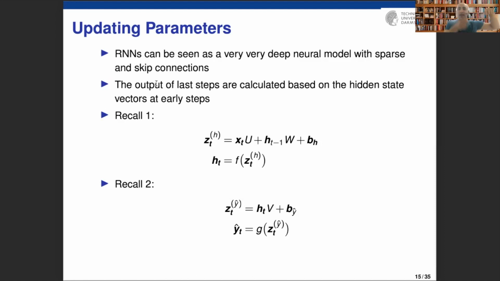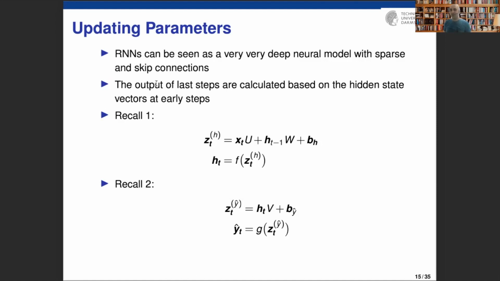So just like you have skip connections here. The vector representation at step 10 depends on the hidden state of steps 1, 2 until 9, or until 10.